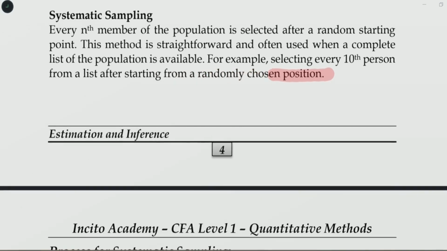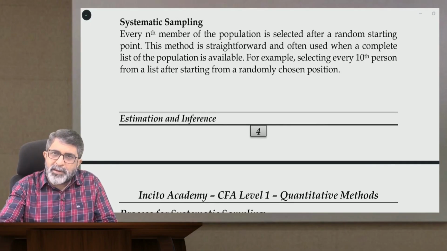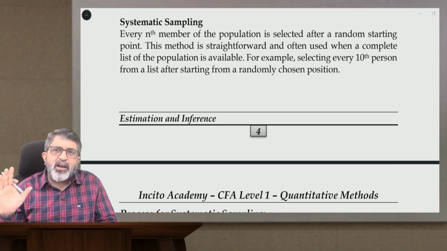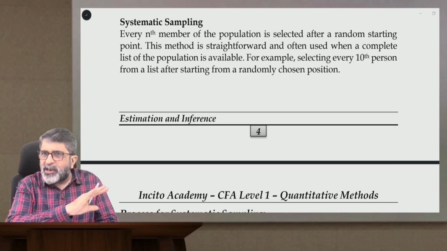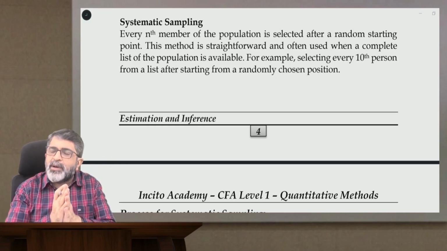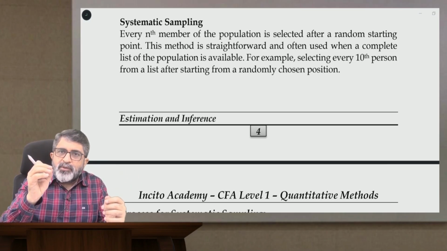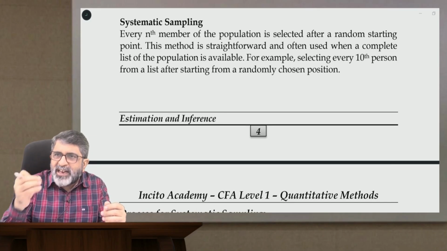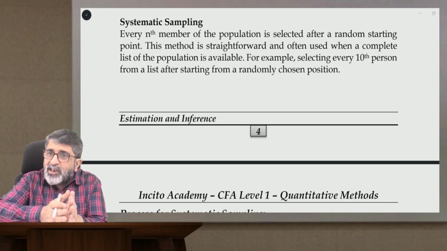So, in that lottery based system where we are simply picking a number, instead of that you arrange all the population members, and the arrangement has to be random. After randomly arranging the whole population, you are drawing a specific interval, that means every 10th member. Say you have selected the starting point as the 5th member, then the interval is 10 members.